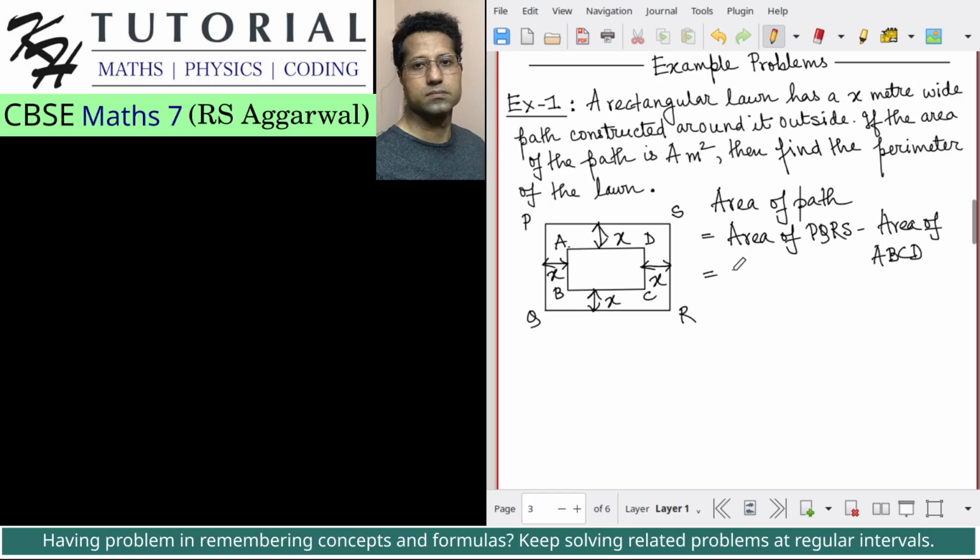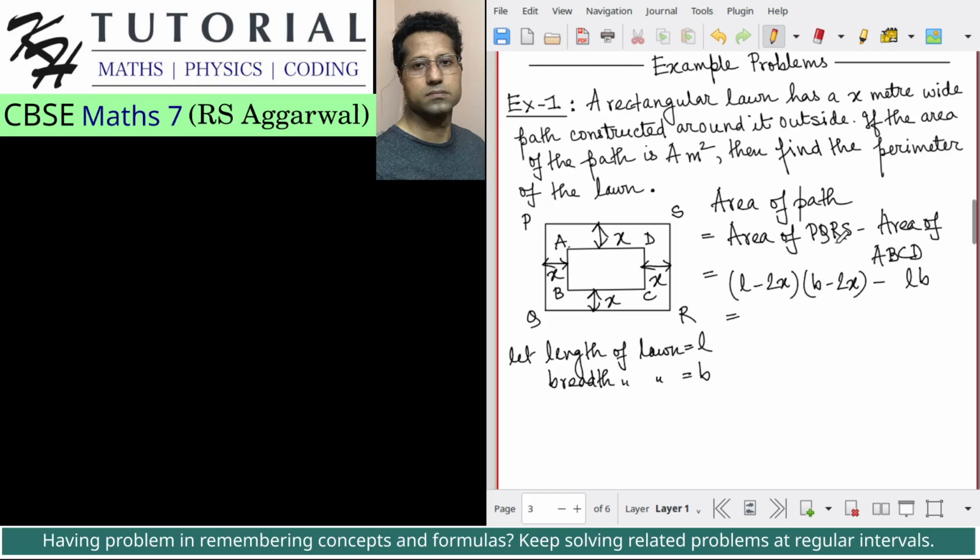Let the length of the lawn be L and the breadth of the lawn be B. Then the area of the path is the area of the rectangle PQRS minus the area of the rectangle ABCD, which is the lawn, that is L into B.